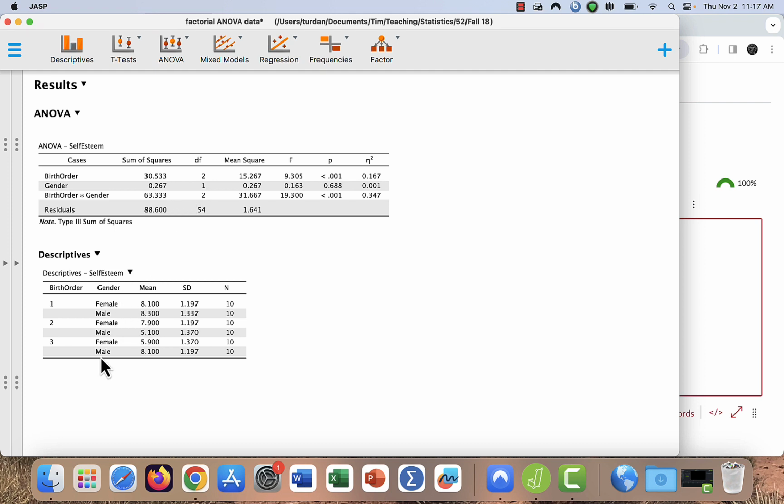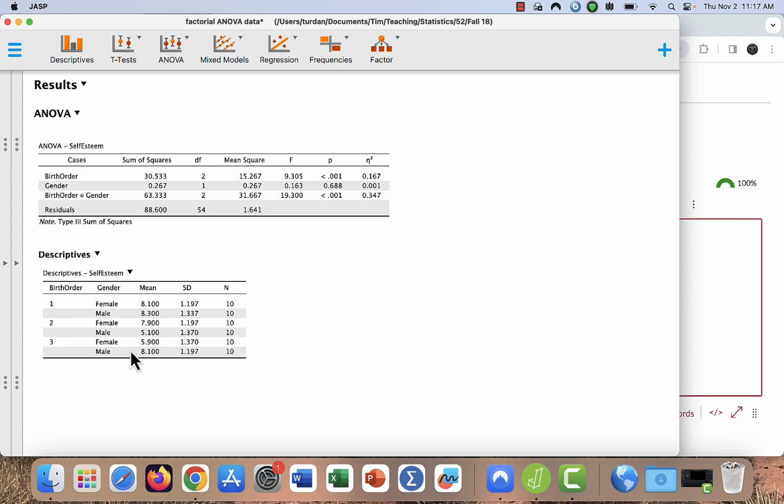Then if I look down here, I can start to get a sense of where these differences might be. So what I can see is that among firstborn children, there's not much difference between male and female. Among secondborn, females have higher self-esteem than males, and among thirdborn, that trend is reversed. Males have higher self-esteem than females among thirdborns.